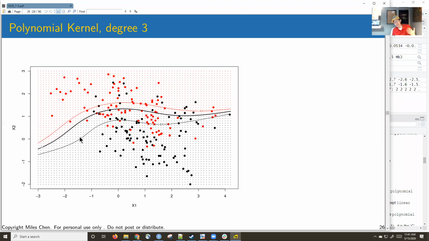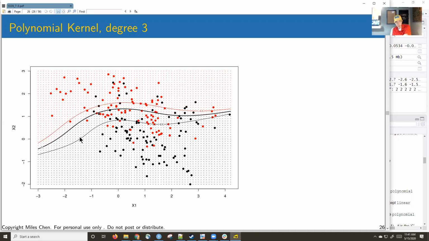Again, we can't visualize this high dimensional space because I think our brains can only really visualize 2D and 3D, maybe 4D, but not really.